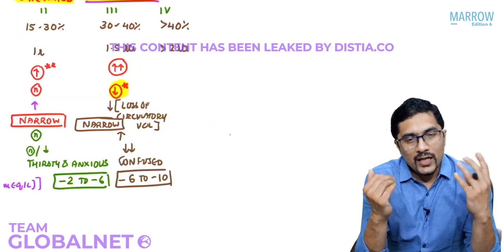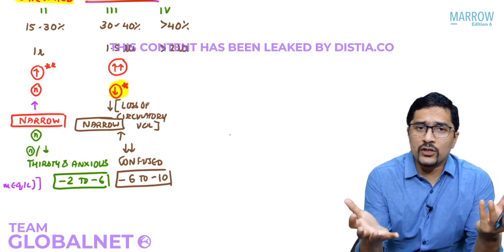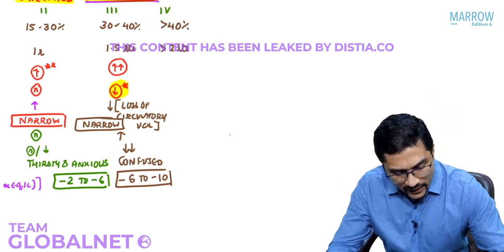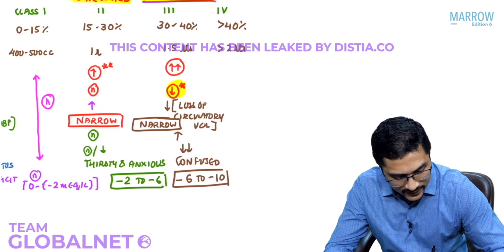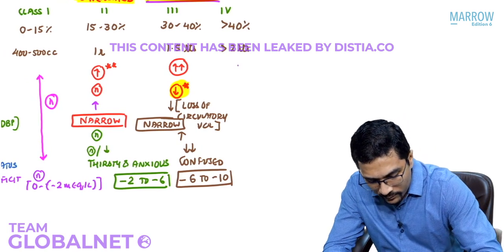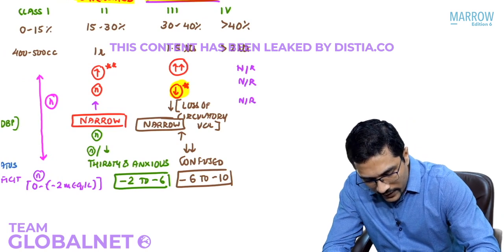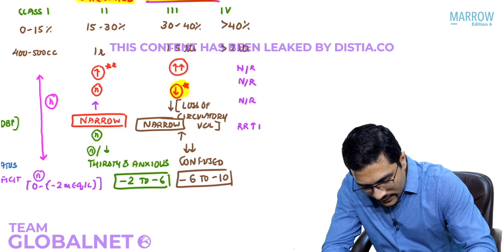Okay. So class 4 shock is also very easy to remember. The patient has lost so much of blood that everything is non-recordable, right? So you will have pulse rate non-recordable. You will have BP non-recordable. You can't record the pulse pressure. The respiratory rate increases even more.